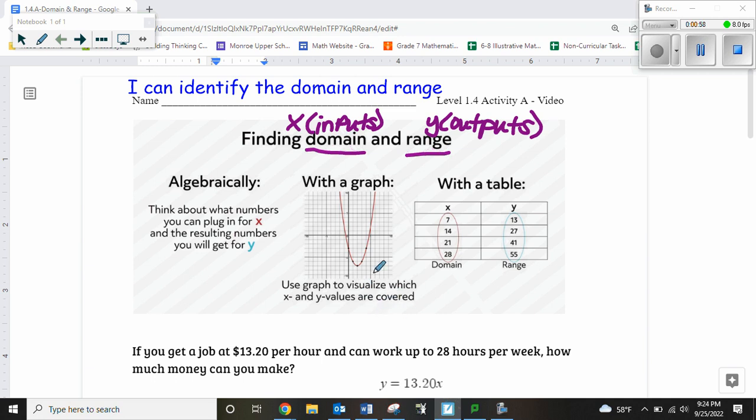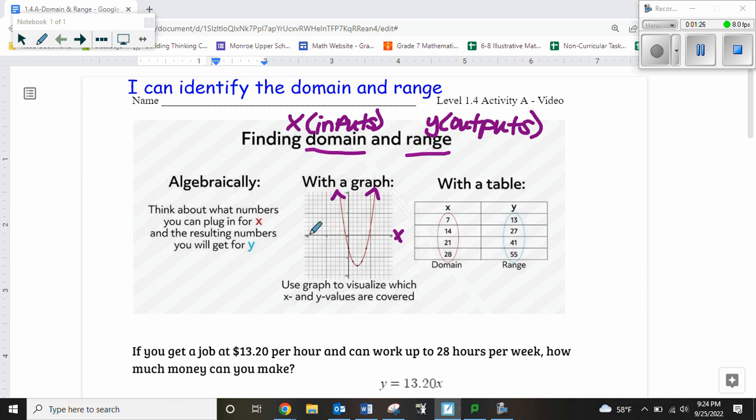Okay, so if we take a look at this graph here, it's a little bit interesting because these lines go all the way to the edge. What that really means, you may have seen arrows before, it means that that graph keeps on going forever and ever. So when we have a situation like that, we can't pick a specific value for our x because remember, this is our x-axis.